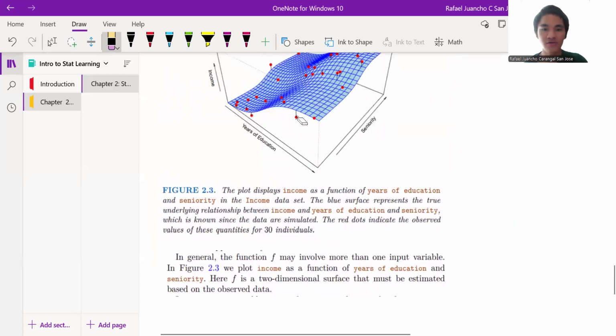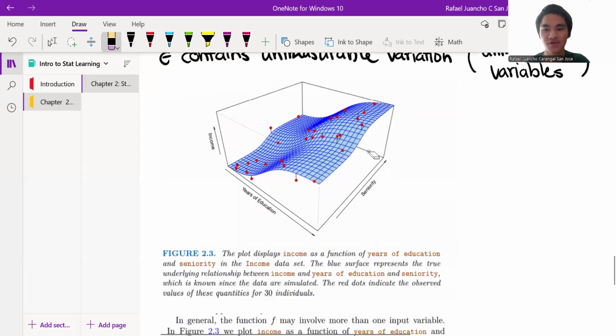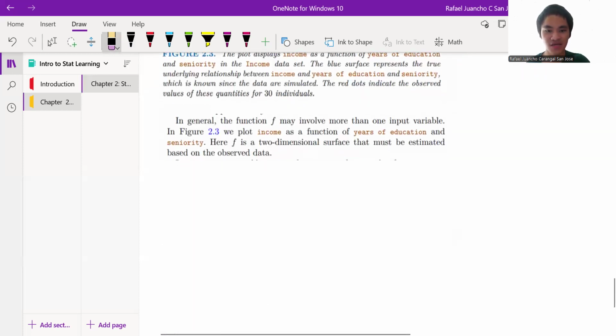Cool, cool, cool. Okay, now going back to the unmeasurable variation, the things that we cannot measure. So if we consider a given estimate, let's actually write these.